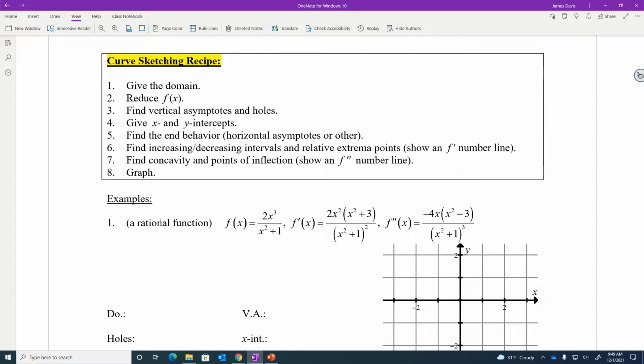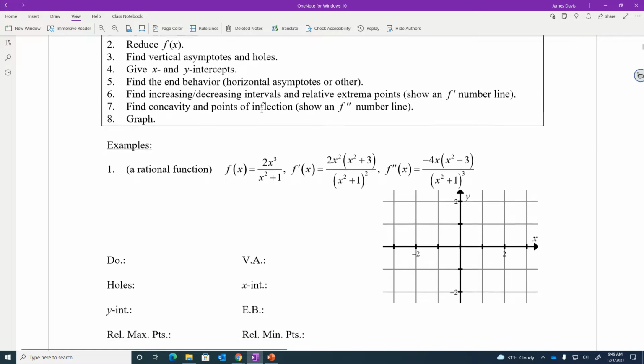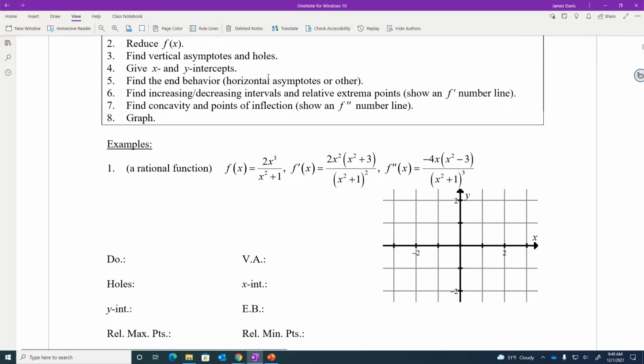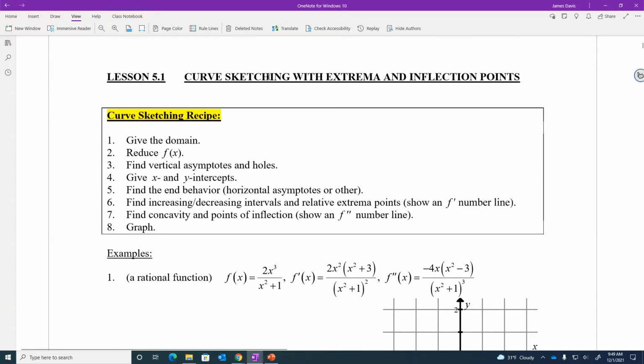You basically want to figure out all we can about a function so that we can do the best educated sketch we can. So finding the domain, something you did in pre-calc, reducing the function if you can, vertical asymptotes and holes, x and y intercepts, the end behavior. The first 5 steps are stuff you did last year in pre-calculus, and I think we've done it this year as well.